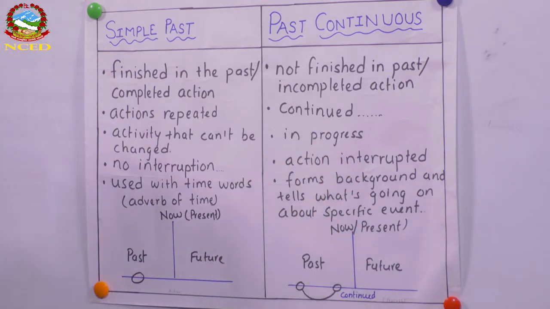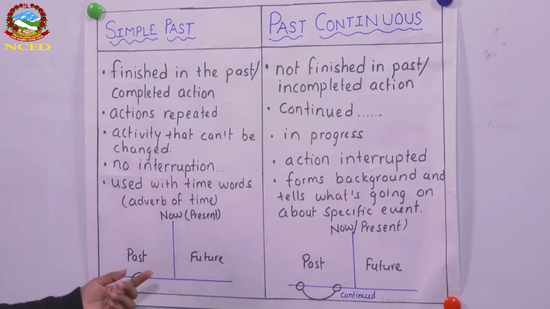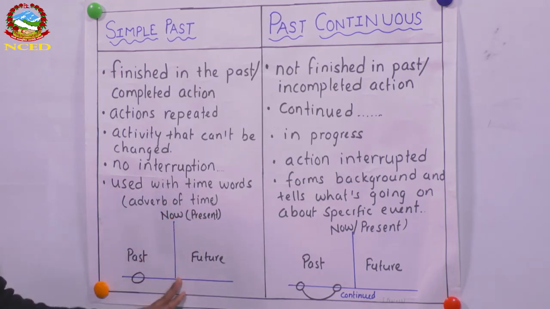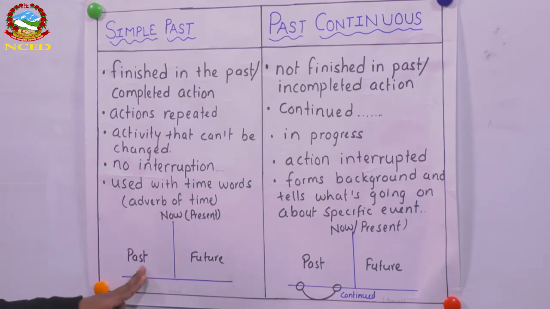So to draw the conclusion here, I have drawn you a picture. So this is past, present and future. Now, this is the now point, the present point. So in past tense, the action happened somewhere in the past.